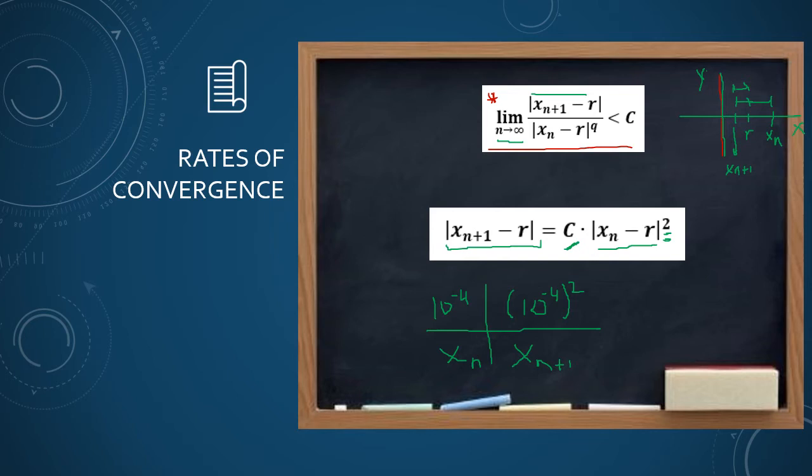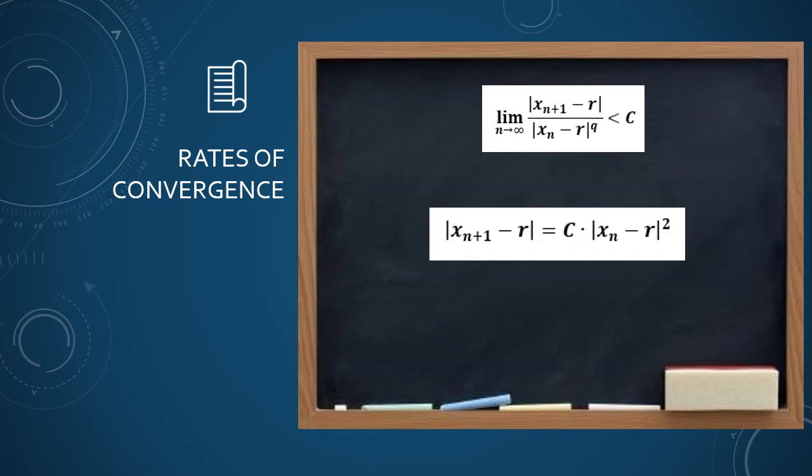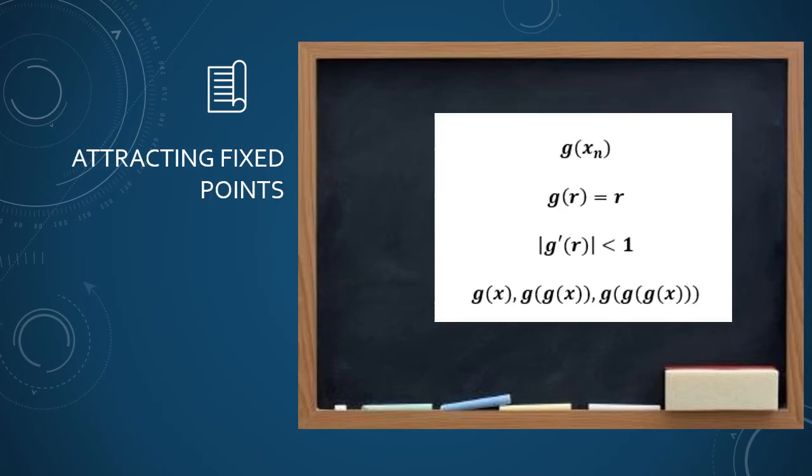So as you can guess, that converges much more slowly. And this is actually one of the quicker ways that a sequence can converge. And I think this might have been a duplicated slide.